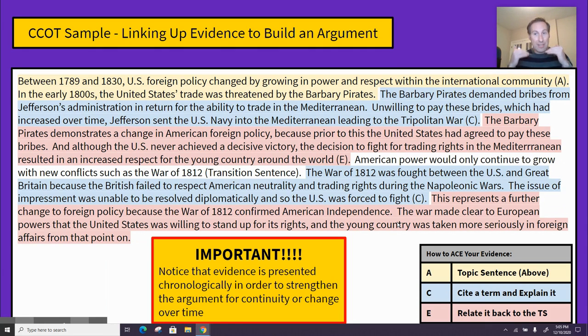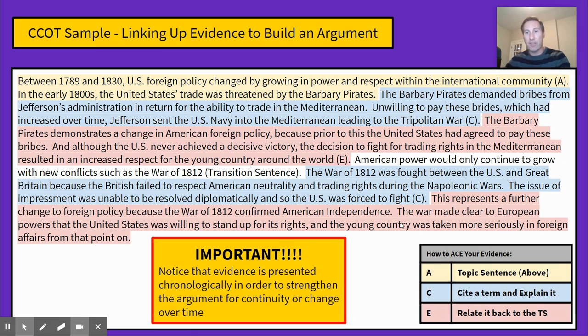It has to be very clear what you're trying to say and what you're trying to argue. You'll really wow the readers with your understanding of history and your analysis of how that ties in to the bigger skill, the change or the continuity over time. Don't necessarily try to wow them with your vocabulary. That's not as important here. So understand that style is not as important as substance when it comes to AP writing.